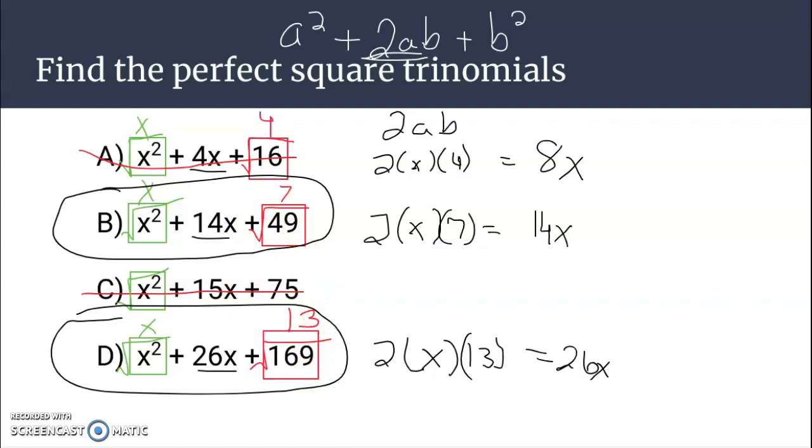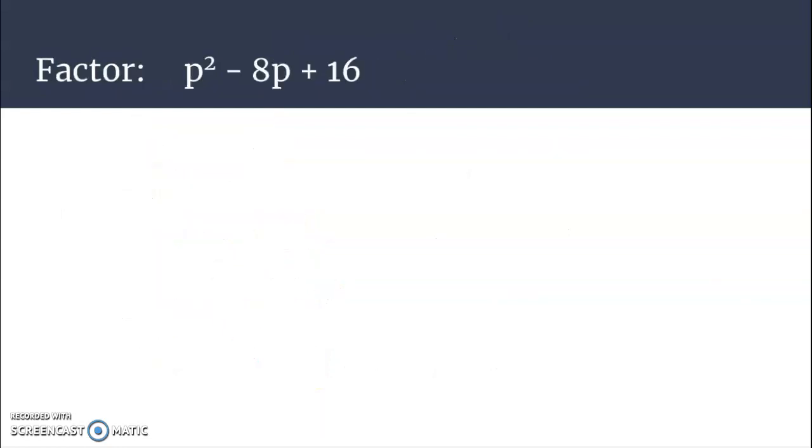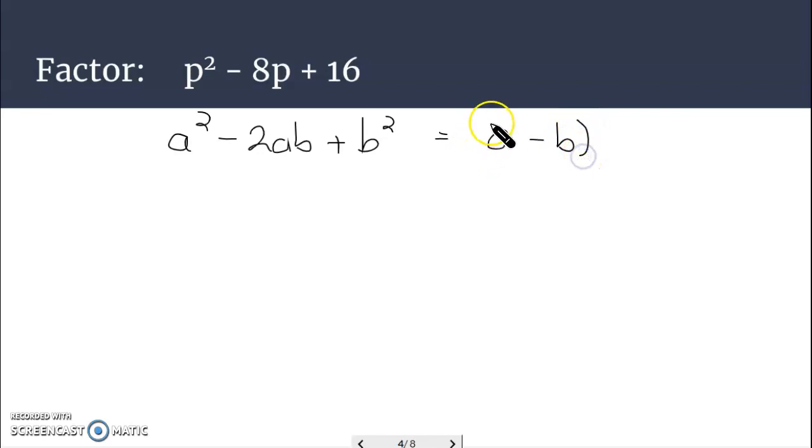All right, now that we've identified perfect square trinomials, let's try to factor them using that formula. Remember our formula again: a squared, in this case minus 2ab plus b squared. And if it has this form, which we know it does, this will factor into a minus b times itself, which I'll write as a minus b squared.